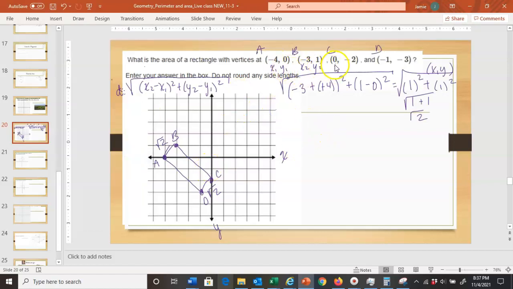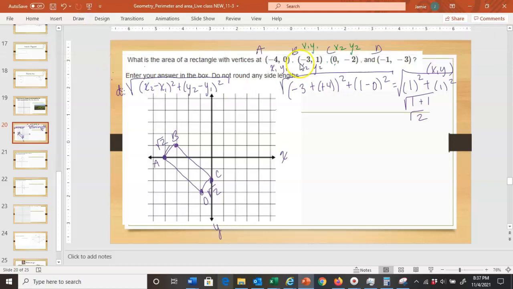So let's find the distance between B and C. Now we can call this x1, y1, and x2, y2. All right, y2 is -2. I'm sorry, I just picked y2. Hold on. That came out of nowhere.